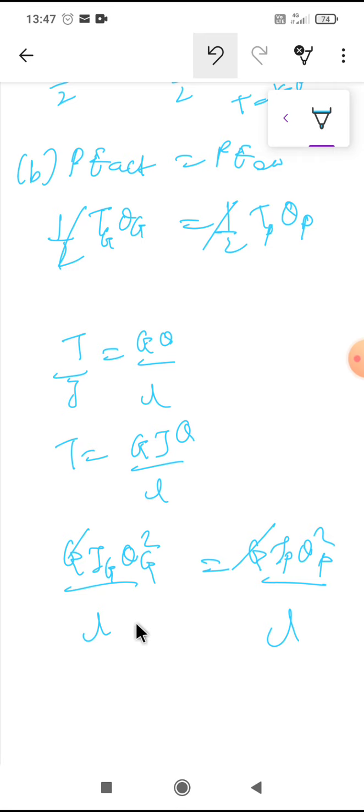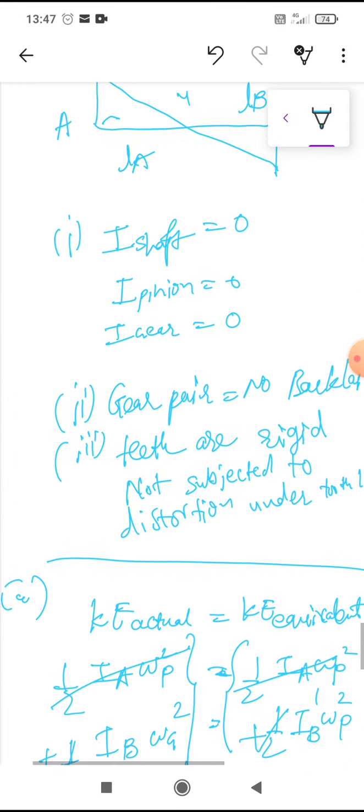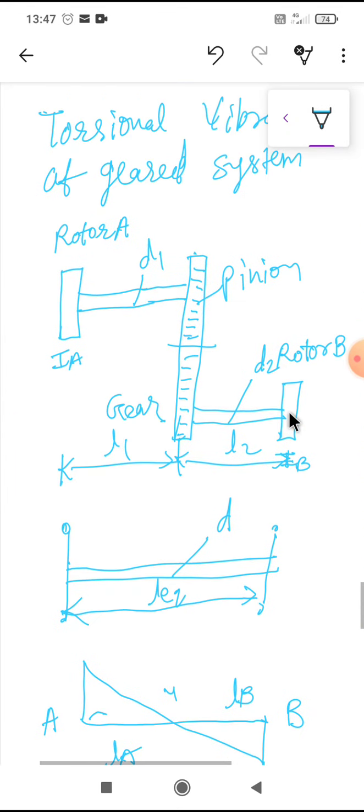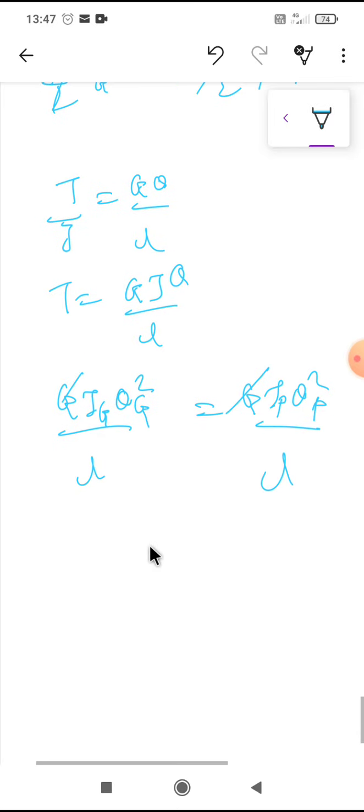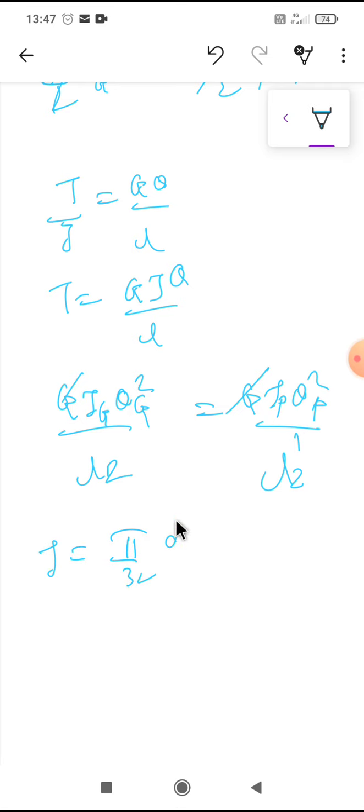So the length, if I am taking for the original system here for rotor B, here L2, then here we don't know what the length is, so I am taking it similarly as L2 dash. So here L2 and here L2 dash. So I am left with J G θg. Now J is the polar moment of inertia and its formula is pi by 32 d raised to 4.